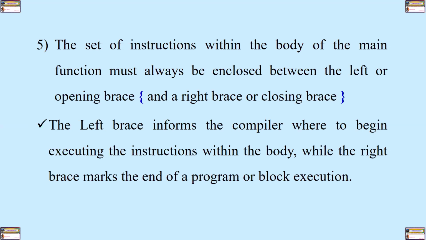Once you are through with the set of instructions to be executed, you have to close the body of that main program with a closing brace. So the pair of braces, the opening brace and the closing brace, usually marks the beginning and the end of the body of the main function. It's always found also in most of the functions.